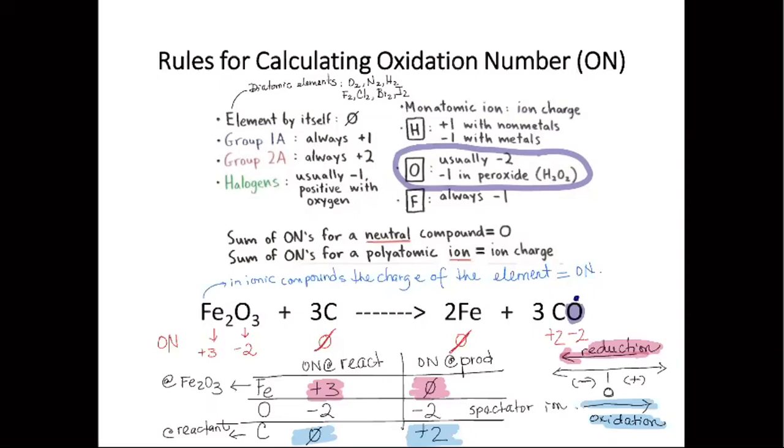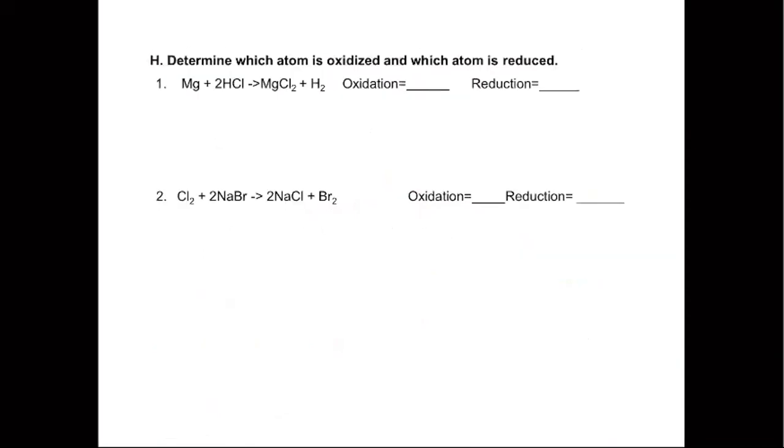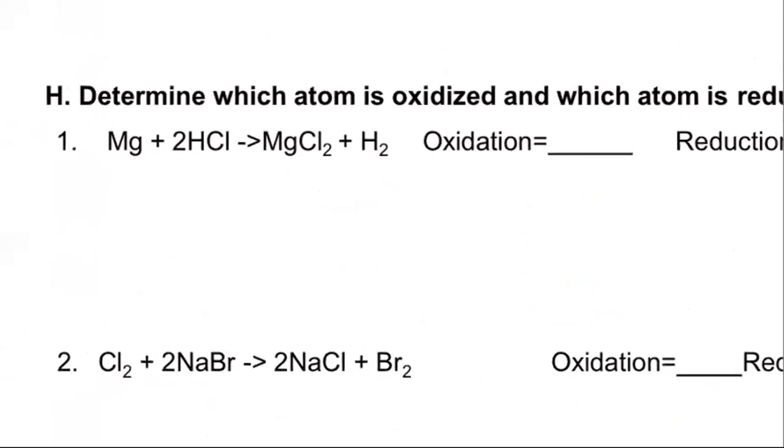So let's get started. When it comes to oxidation number, it is important to note if I have elements by themselves, if I have ionic compounds, and if I have covalent compounds. So let's do the first problem together.